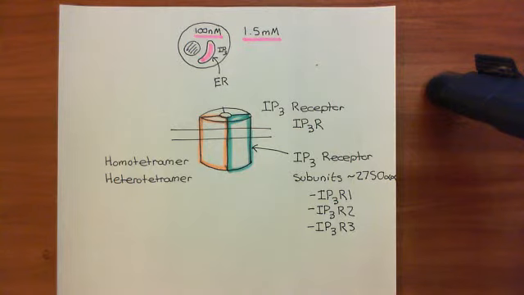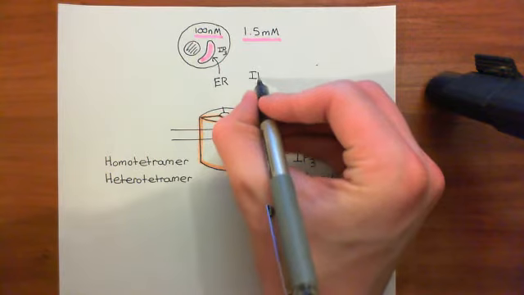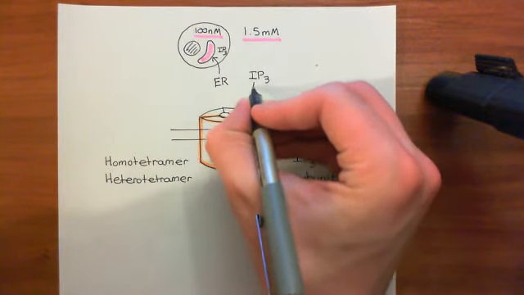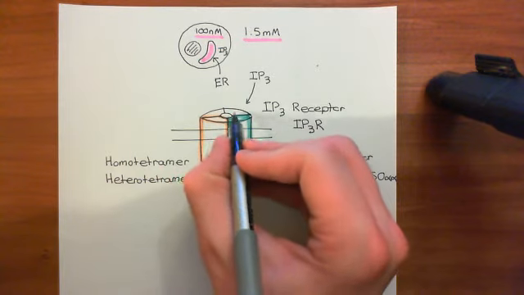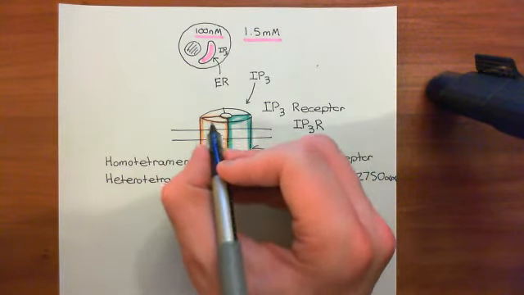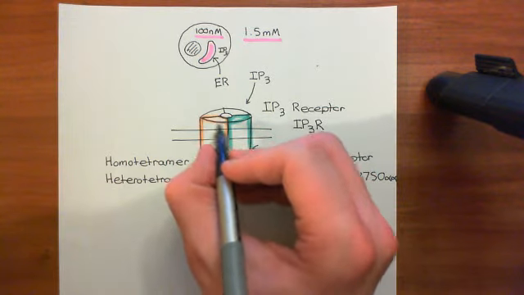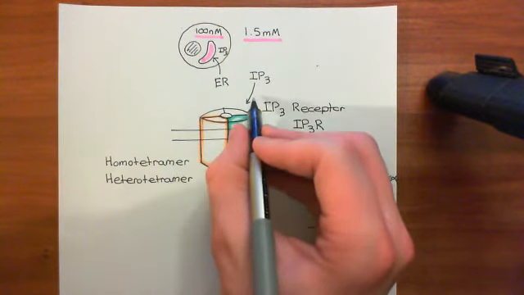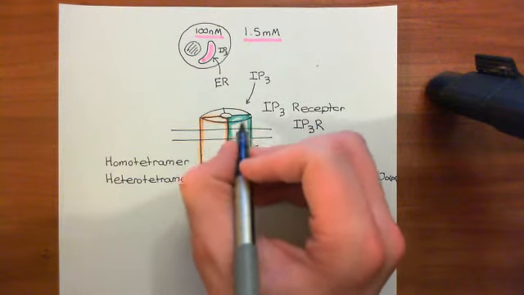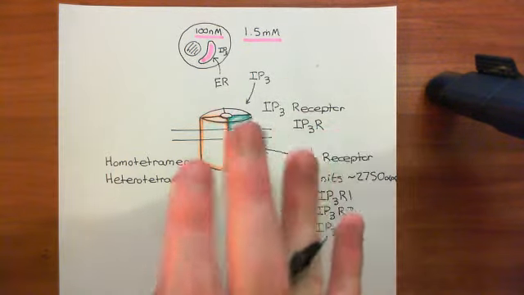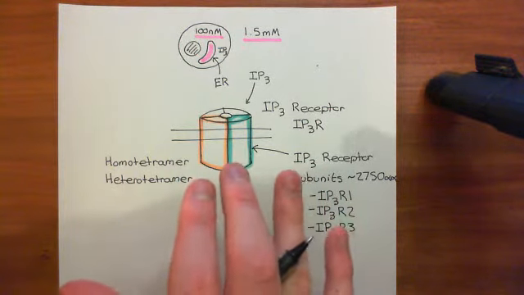The function of the IP3 receptor then: the IP3 that's been made at the cell surface membrane is going to fall down to the IP3 receptor, and each of the 4 IP3 receptor subunits has a binding site for IP3. Now, you do not need all 4 subunits to bind IP3 in order for the channel to begin the process of opening, and opening is a complicated thing for IP3 receptors, which we're not going to go into in full detail.